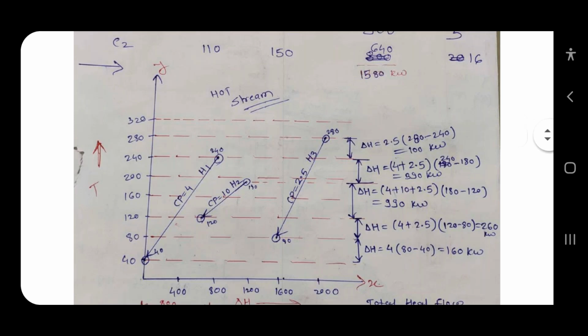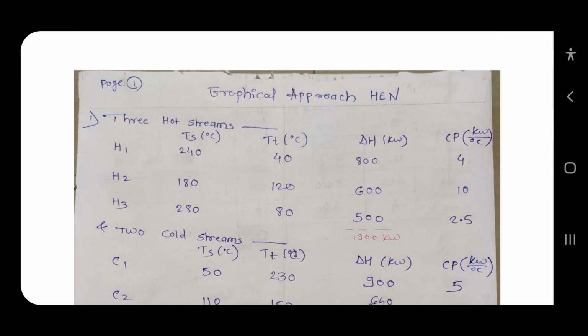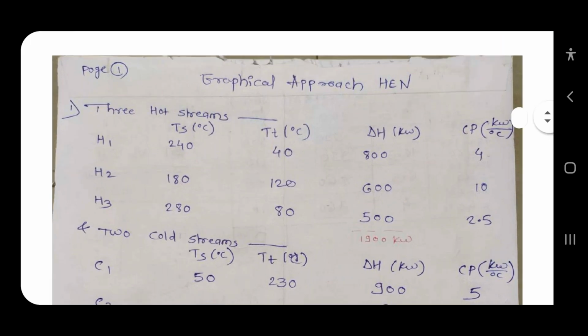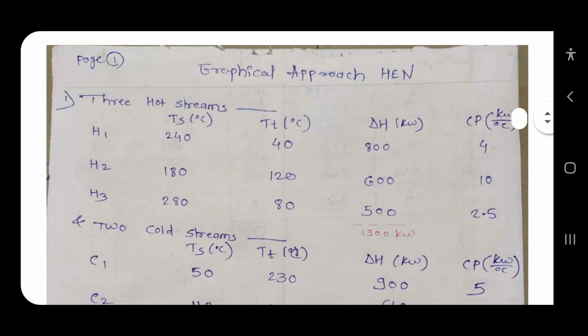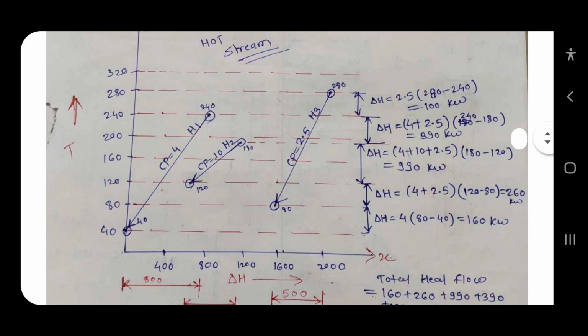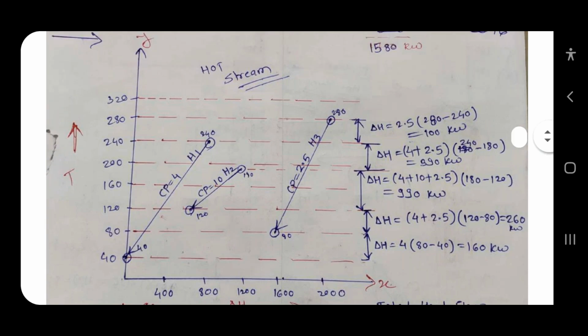Have a look at the H1 stream, 240 to 40, with delta H of 800.